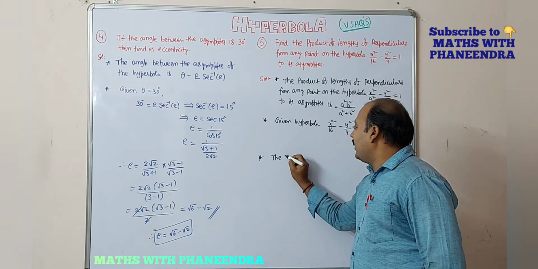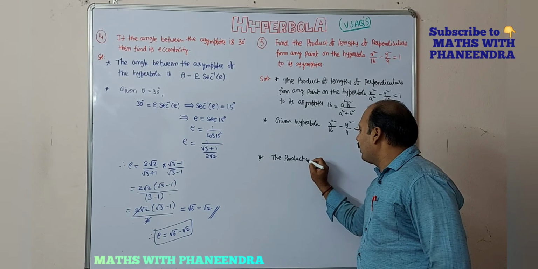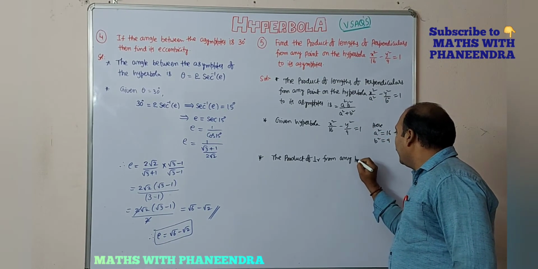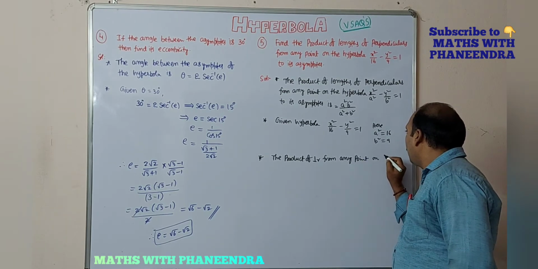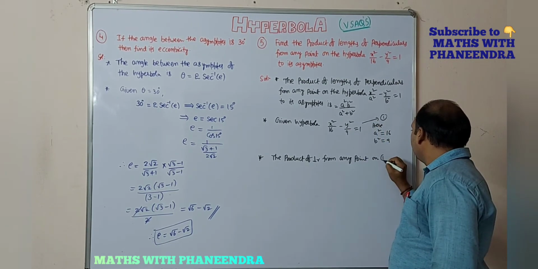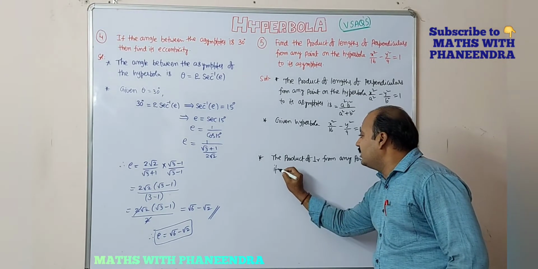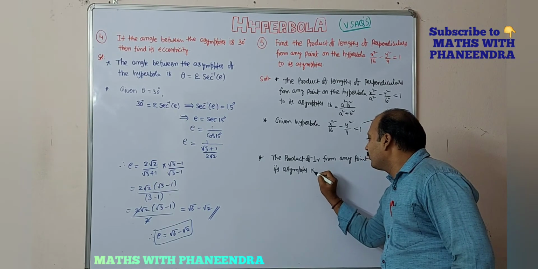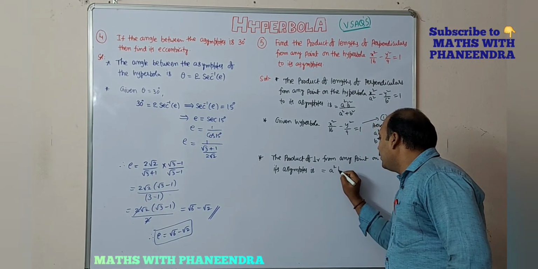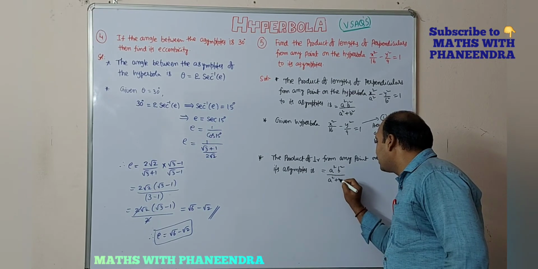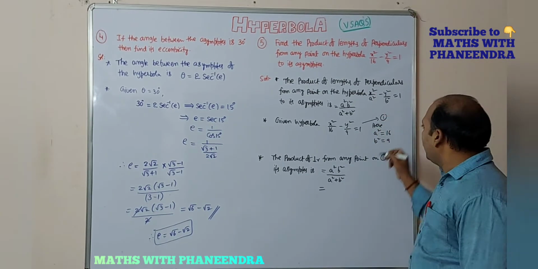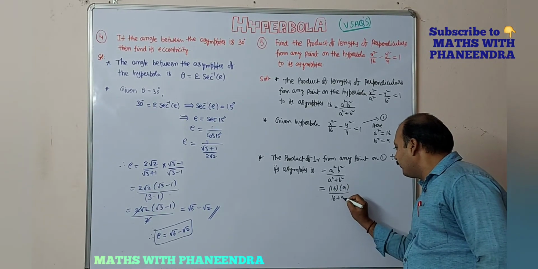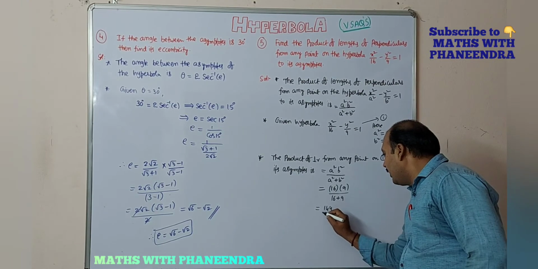The product of perpendiculars from any point on equation 1 to its asymptotes is a square b square by a square plus b square. So a square value, b square value we have 16 into 9 by 16 plus 9. So 144 divided by 25.